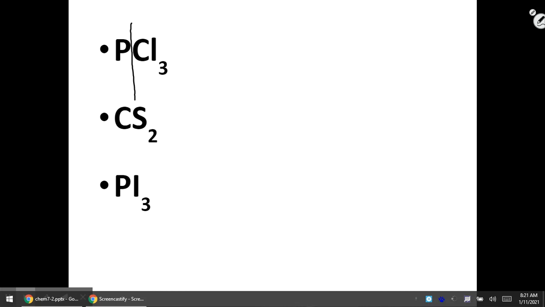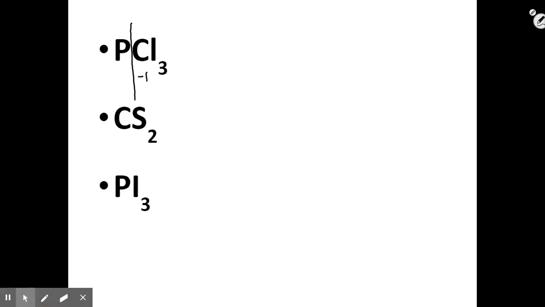Chlorine, if I look at the charge of chlorine, that's going to help me figure out the oxidation number. Each individual chlorine has a -1 charge, so a negative oxidation number, but we have 3 of those to give me a total of -3 on the chlorine side.